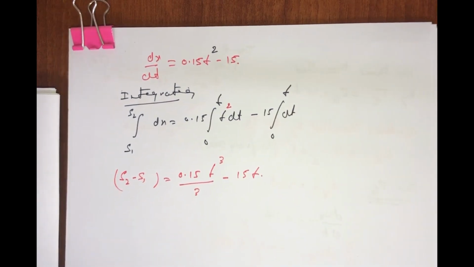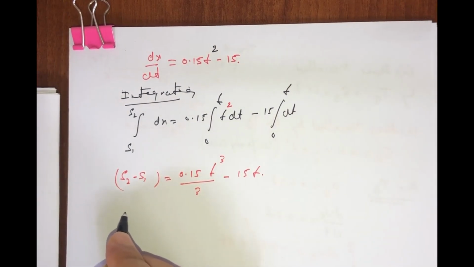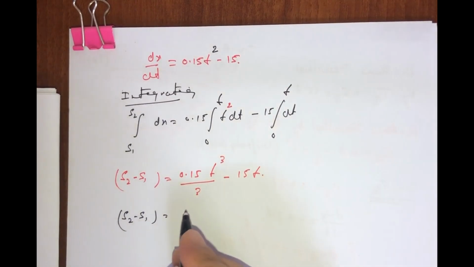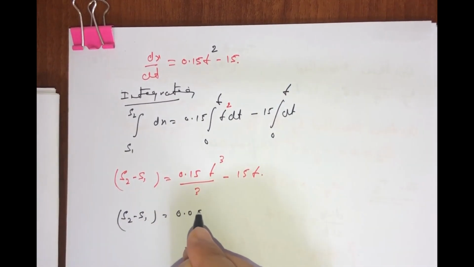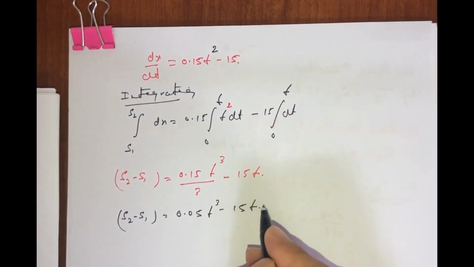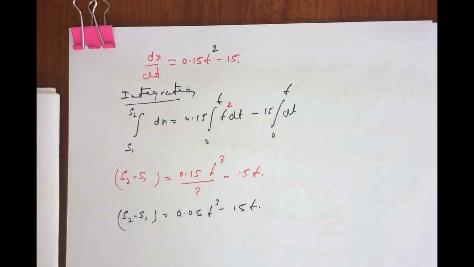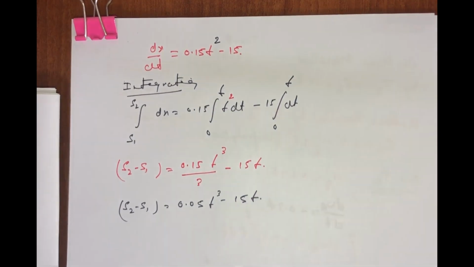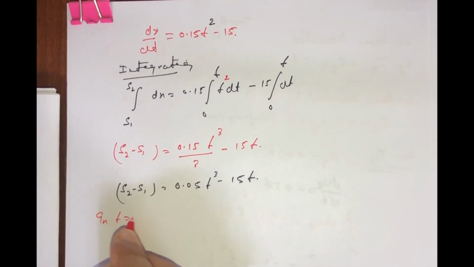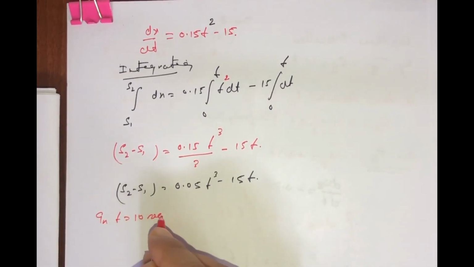So we can write s2 minus s1 will be equal to 0.05 t cube minus 15t. We already know the time taken by train B is 10 seconds, so t is equal to 10 seconds.